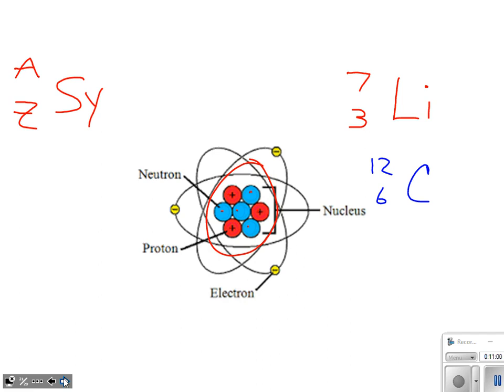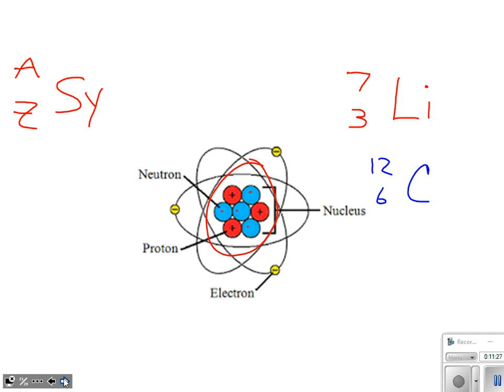So that means I have 6 protons, right? How many neutrons do I have? How many? 6. All right. So I have 12 for my atomic mass, and I have 6 for my atomic number, right?